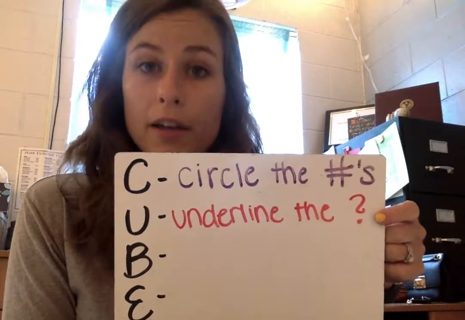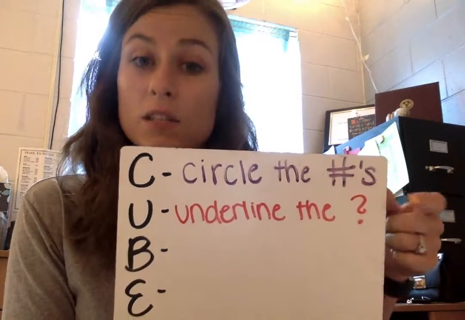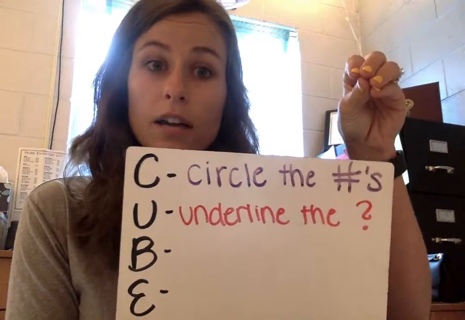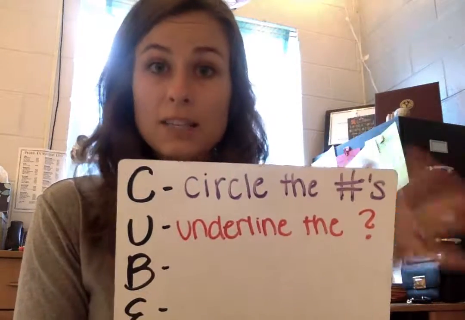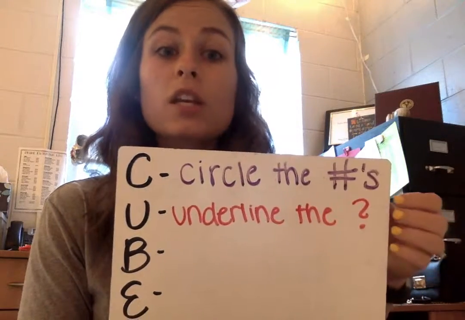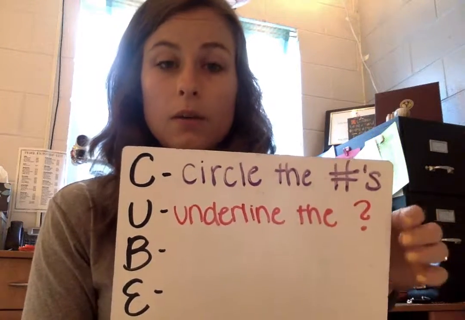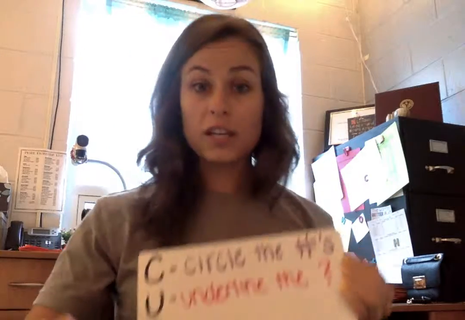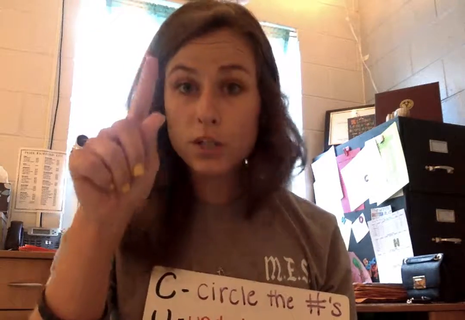Then we want to underline the question. This is where our brain focuses on what the problem is actually asking me to do. So instead of reading all of these words, what does the problem actually want from me? Sometimes there's more than one question. If there's more than one question, underline all the questions. So every time you see a question mark, I want you underlining that information.